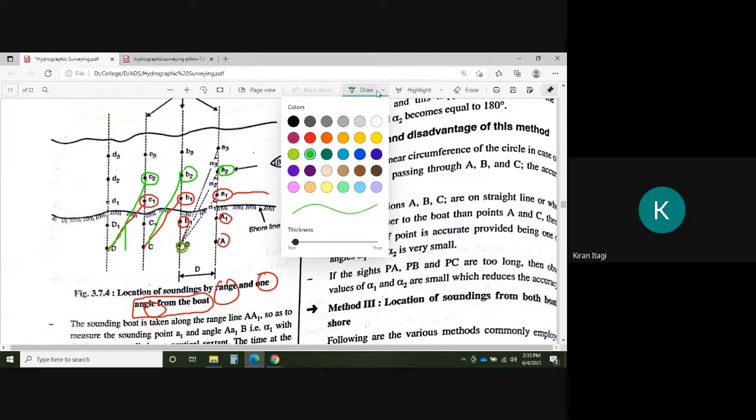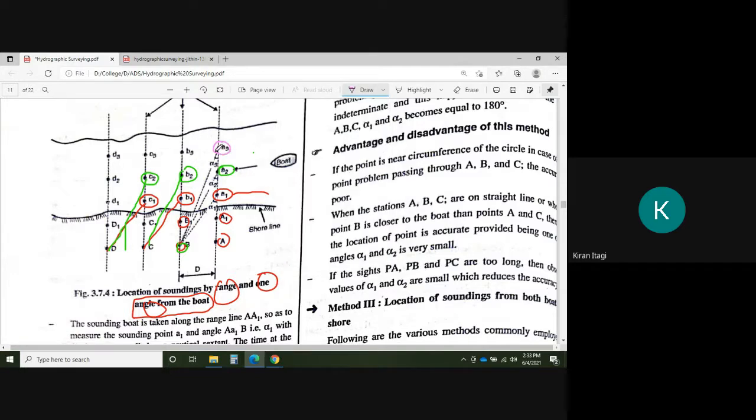At A2 they will take the reading at B. When they come to B2, from the boat they will take the reading towards C. When they come to C2, they will take the reading towards D. Similarly, when the boat comes and stands here, they will take the reading towards B; here, towards C; and here, towards D. The same procedure goes on continuing.